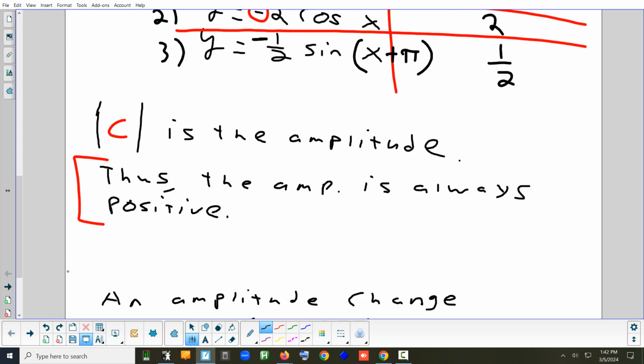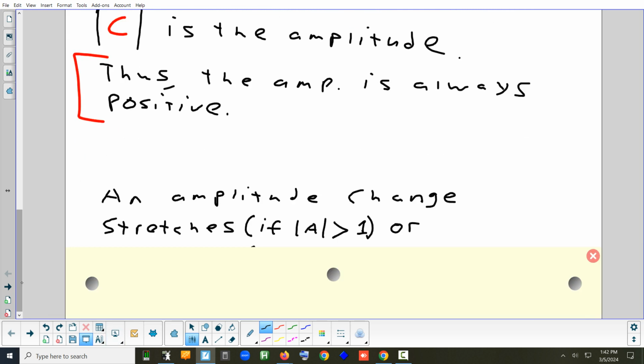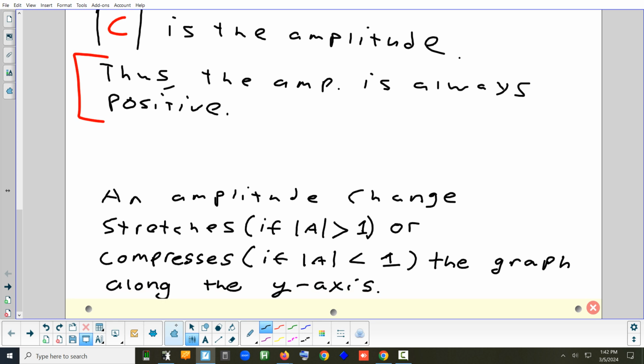All right, so there's really two things that can happen. The graph can either stretch or it can compress. If you put a number in front that has an absolute value bigger than 1, numbers like 2, 5, -10, any number that would have an absolute value bigger than 1, it's going to stretch.